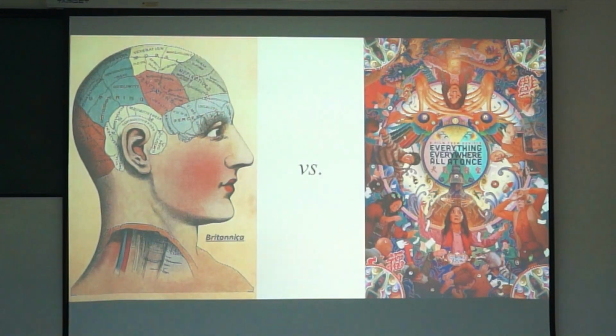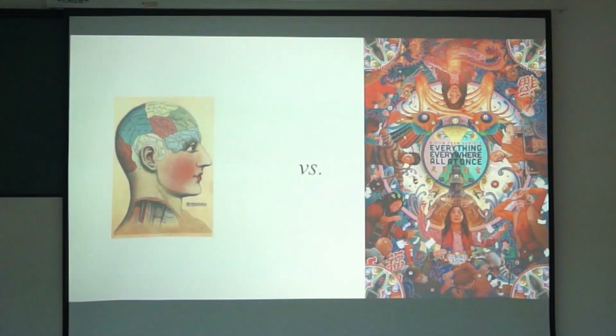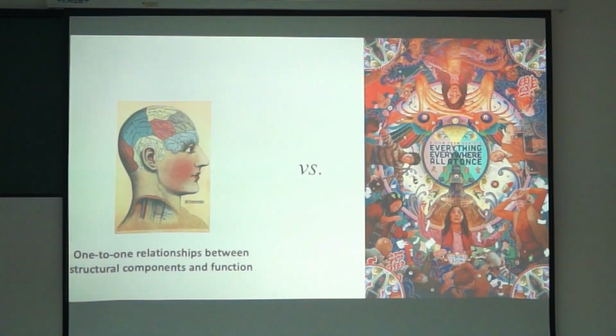The fundamental question can be posed as a difference between a one-to-one relationship between specific structures. As we said, in our case, those would be specific molecules and specific function, neuronal firing for instance. In this case, specific brain regions and specific behavior.